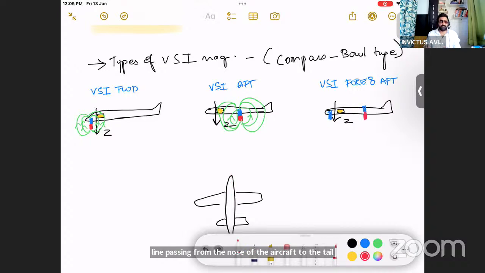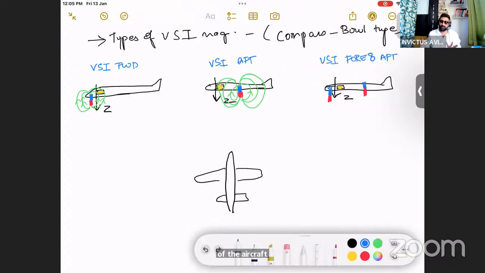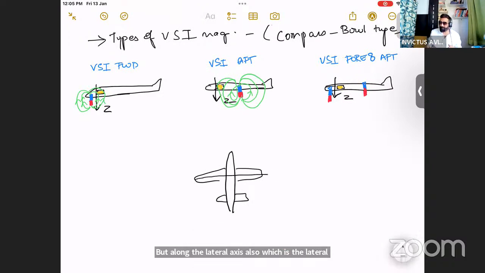A very important axis, one of the three important axes of the aircraft. Sometimes vertical soft iron magnetism could also occur not along the longitudinal axis, but along the lateral axis also. Which is the lateral axis? An axis passing from wingtip to wingtip.